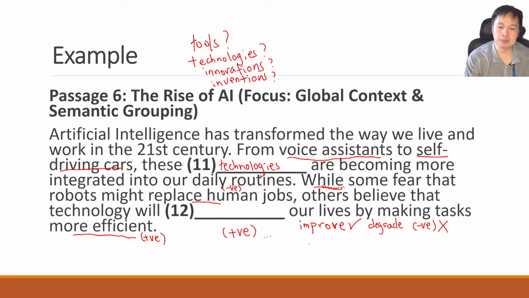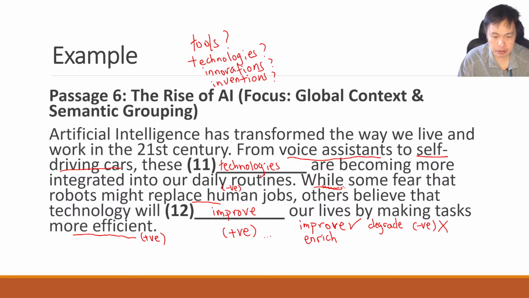But let's say maybe you have a different word, and you have enriched our lives, okay? So which is a better answer? I don't know. Depending on your preference, you might choose improve or you might choose enrich, and then that's your answer.